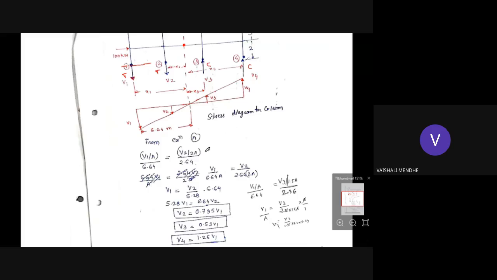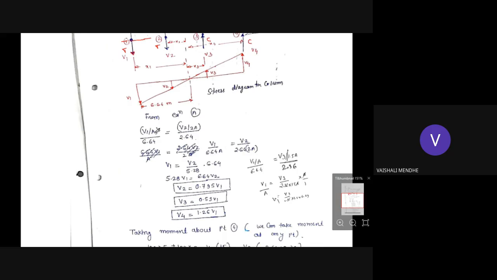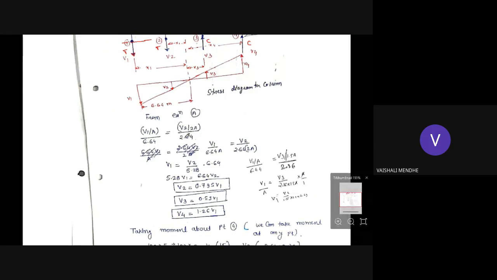So you can see here V1 by A divided by 6.64 is equal to V2 by twice A divided by 2.64. Okay, so after simplifying this, V1 divided by 6.64A is equal to V2 2.64 into 2A. तो ये इक्वेटिंग ऑफ दिस टू इक्वेशन विल गेट द रिलेशन ऑफ V2 in terms of V1.